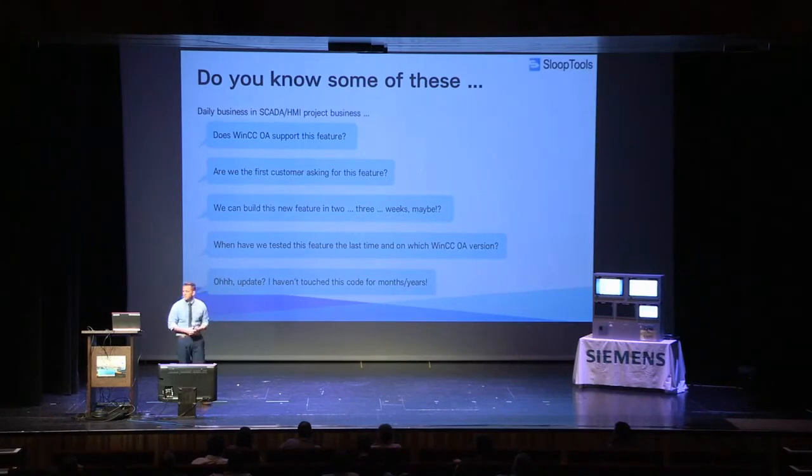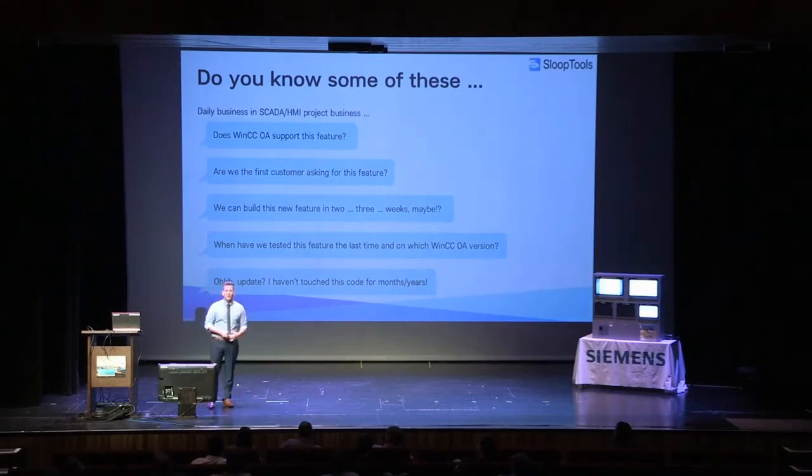After some time, the question is, have we tested this feature we built for the last project with the new version? Is it all compatible with the new version, 3.16, does it work? We don't know. And then the best question we already had from some customers: the customer wants an update. So we need to show again and find out whether it is all functional with the new version.